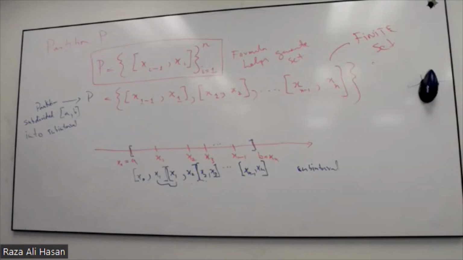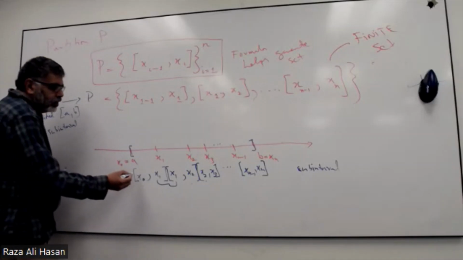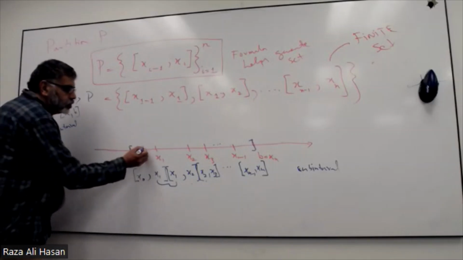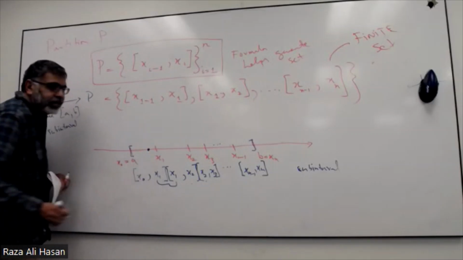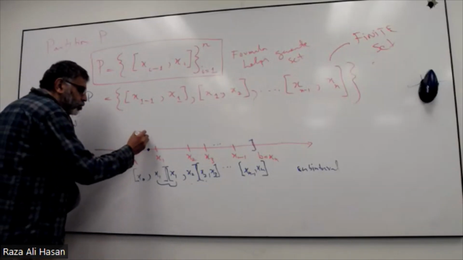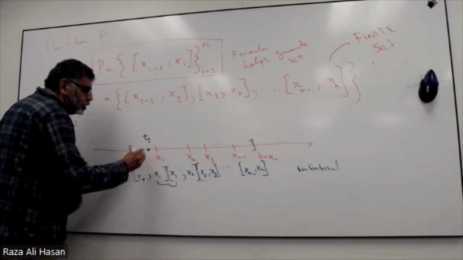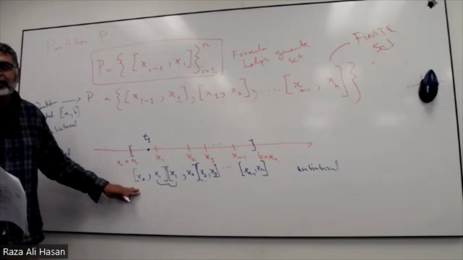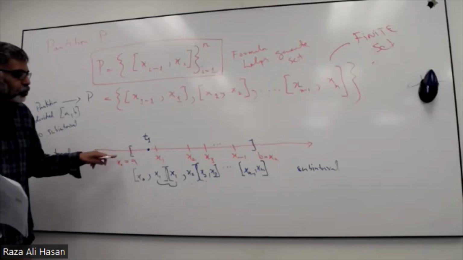Now the other idea, this is all very abstract. Let's choose a point in the first subinterval, and let's call it T. So I'm going to choose randomly this point, and I'm going to call it T1, tag. T is for tag. So what's happened to the first subinterval? It has got tagged. You can choose anything.